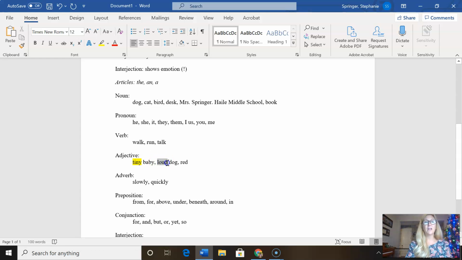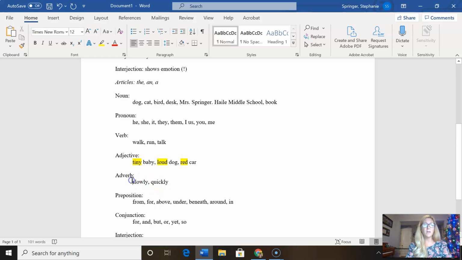So loud is our adjective. It's modifying the noun dog. Red car. Car is a thing. Car is our noun. So what kind of car? Red.